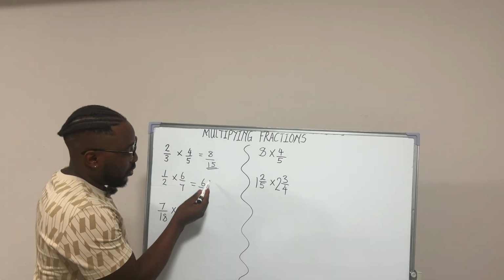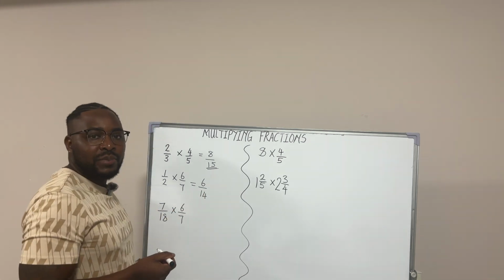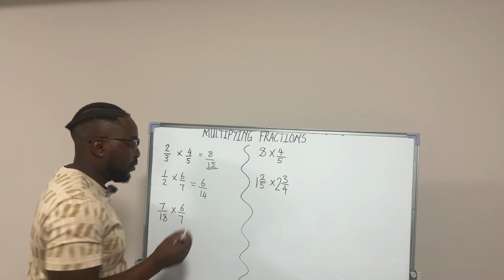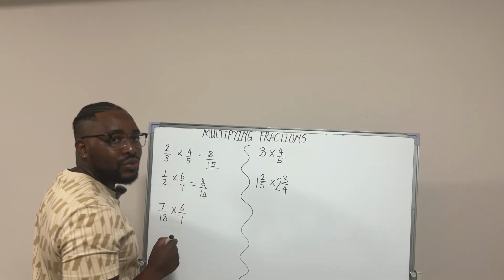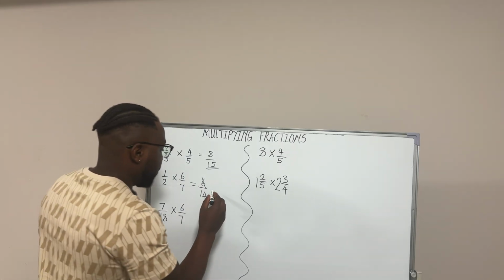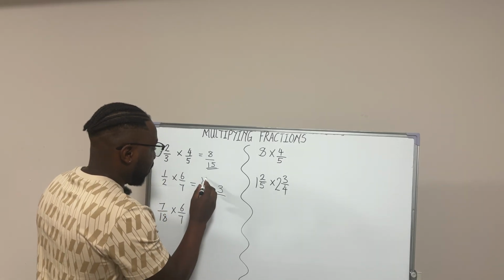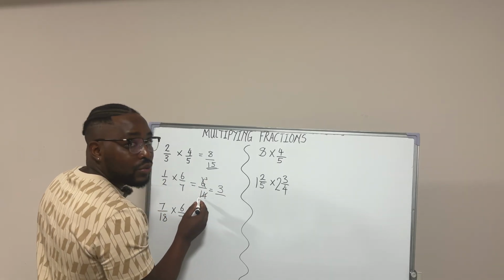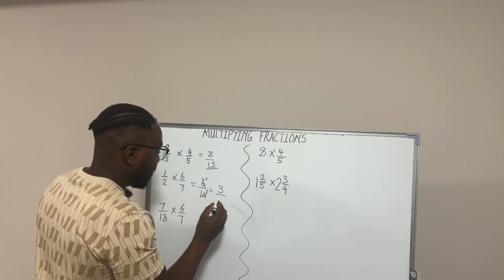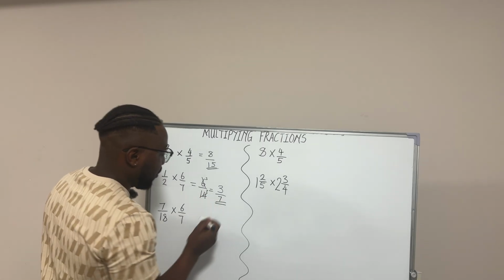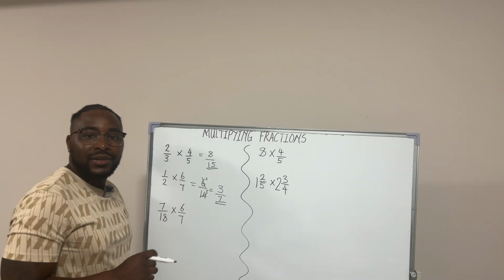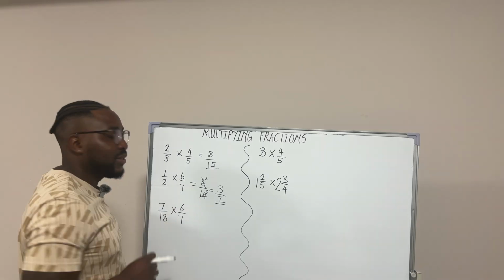Now if we look at this fraction, we can simplify it. 2 into 6 is 3. 2 into 14 is 7. So there we go, we have found our solution for our second question.